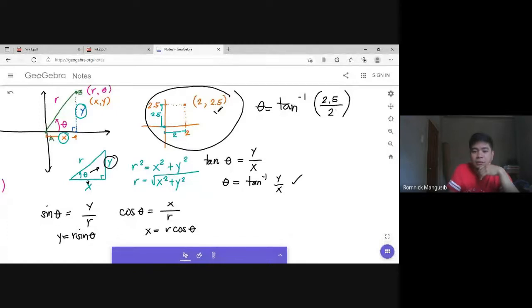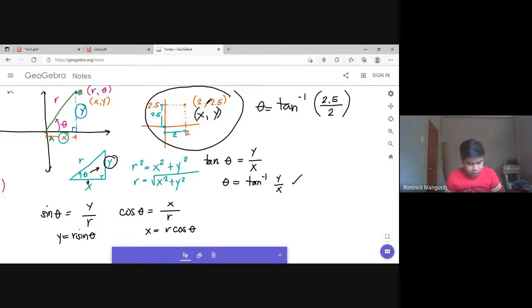Kasi ito ang y, ito ang x. So, what is the lowest term of 2.5? 2.5 divided by 2 is 5 over 4. Okay, but kailangan natin i-rewrite siya into fraction. So, we have arctangent of 5 over 4.